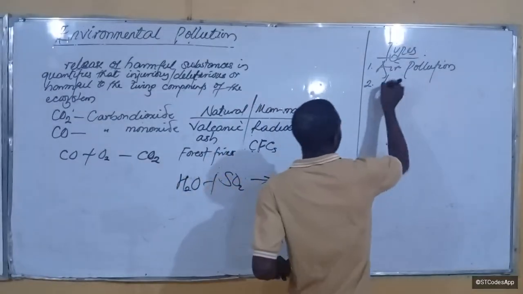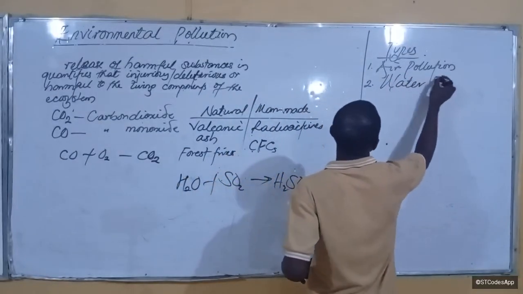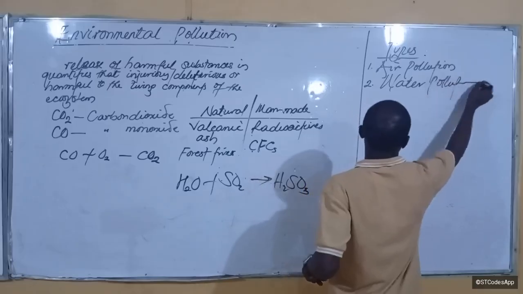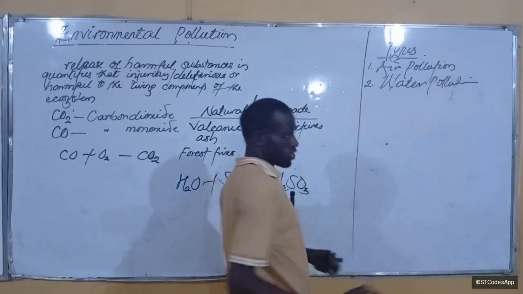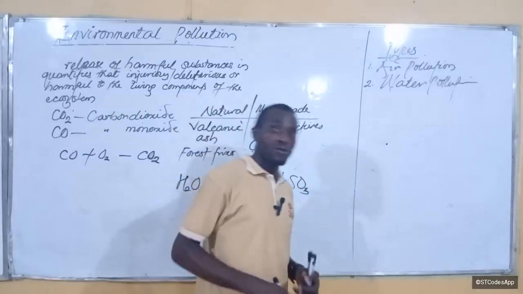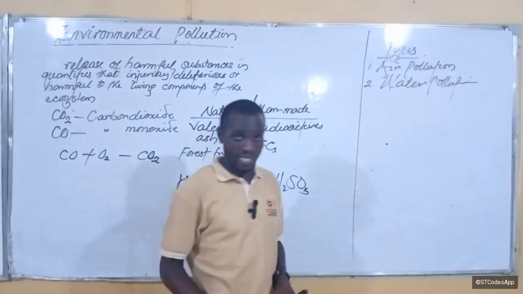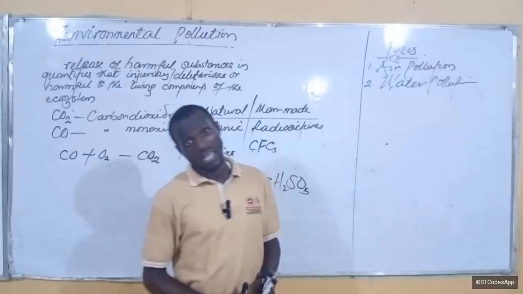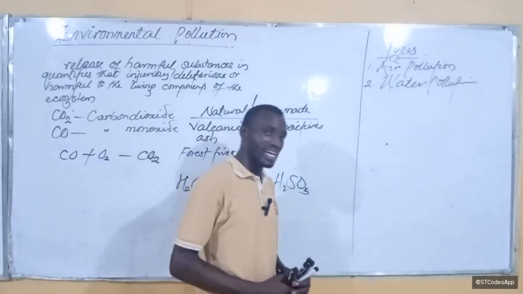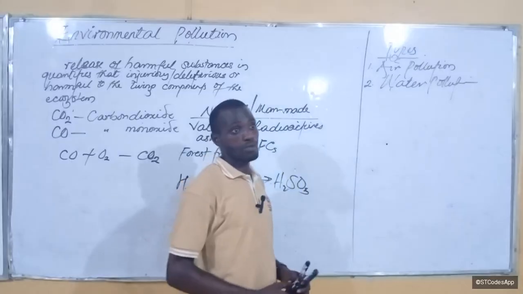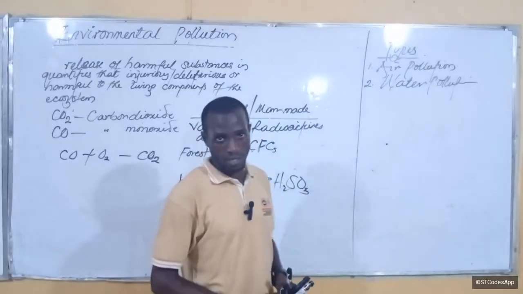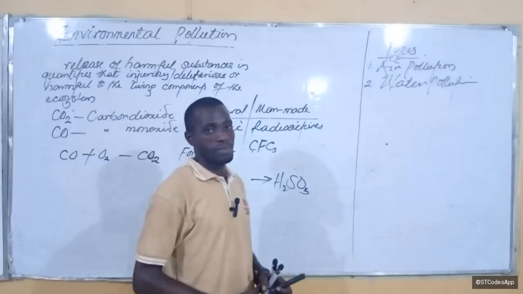The ones that affect the aquatic environment, we call water pollution, the phenomenon of polluting the water. So that is discharge of wastes or harmful substances into the water. It could lead to death of aquatic life, blockage of waterways, and so on.